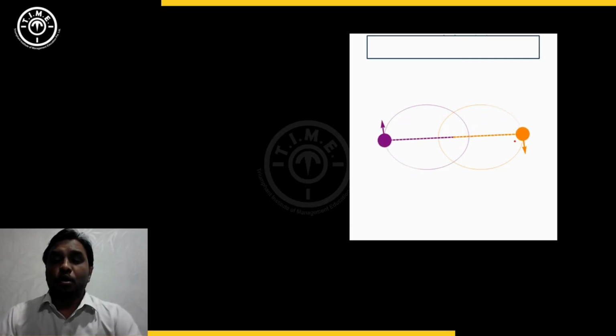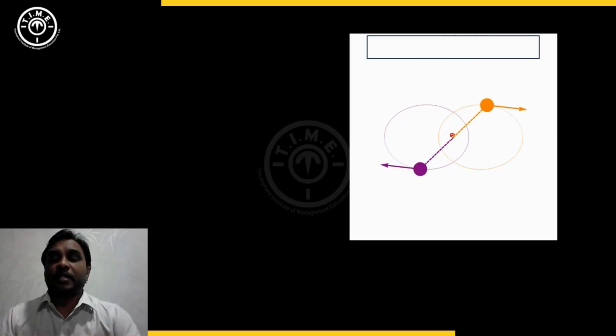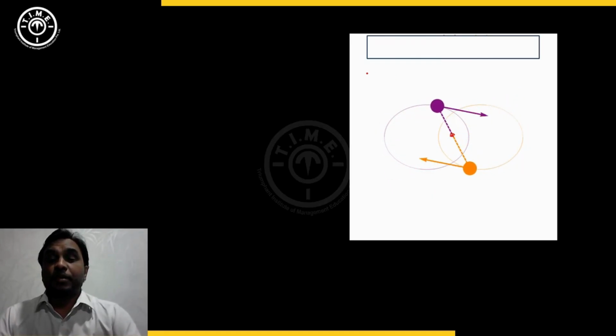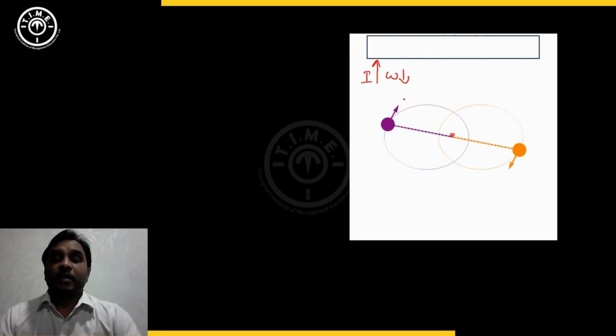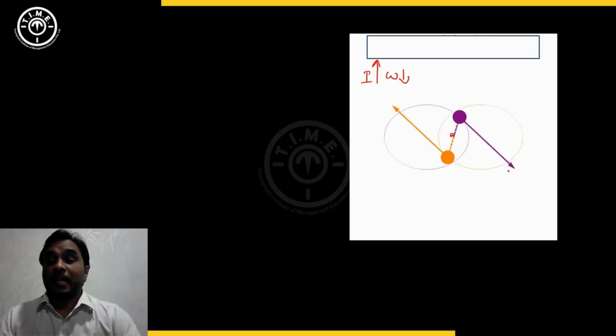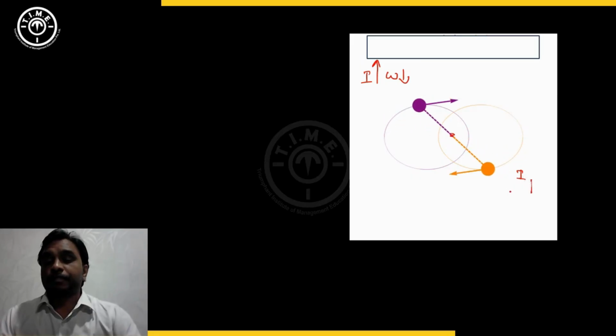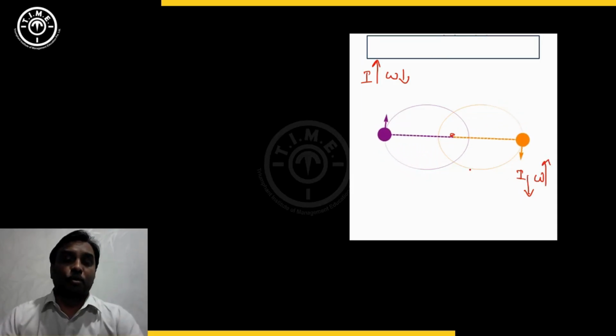When the distances are more, the moment of inertia will be more and the angular velocity will be less. When the distance between them is less, the moment of inertia will be less, so the corresponding angular velocity will be more.